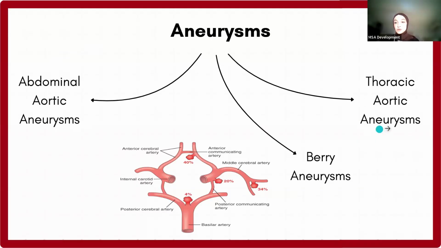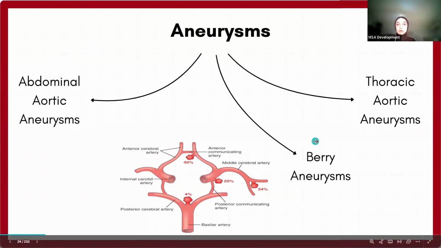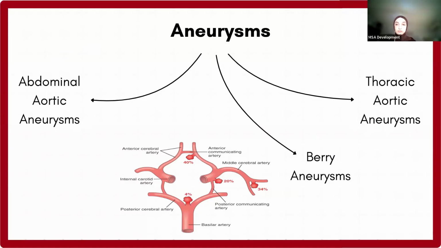Thoracic aneurysms, the most common thing associated with it is hypertension. This is the most common cause. And then berry aneurysms. Under berry aneurysms, don't mind the percentages that you see in this picture. However, keep in mind the order of most common site to least common site. Okay, so the most common site for a berry aneurysm to happen is the anterior communicating artery.